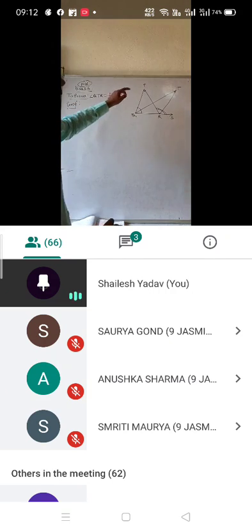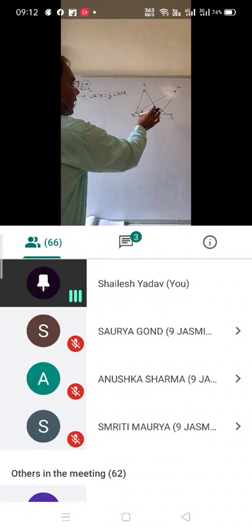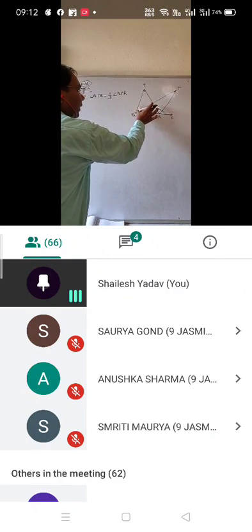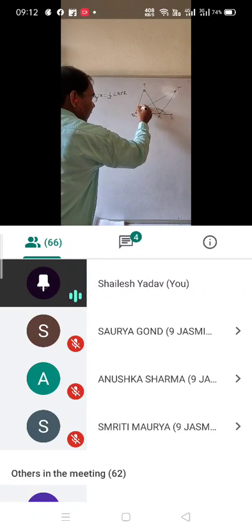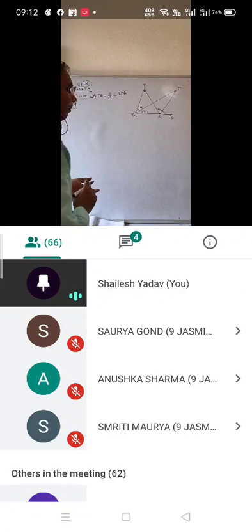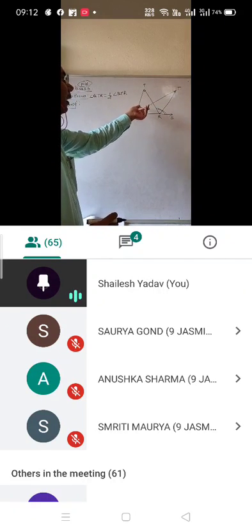okay students, if QT is the bisector of angle PQR, it means that this angle will be divided into two equal parts. So here this and this angle, both will be equal. So if it is A, then it will be also A. Any problem in this? If bisector of the angles means the angle is going to be divided into two equal parts.